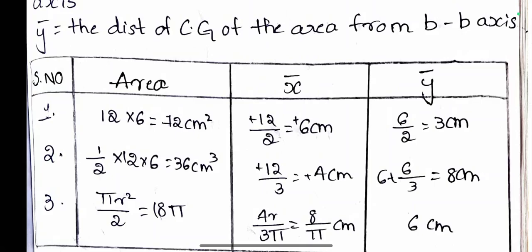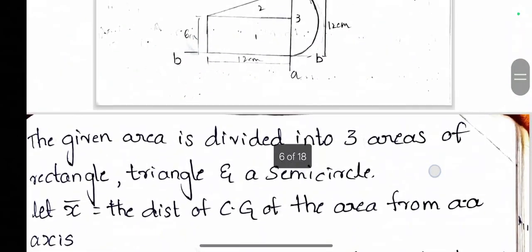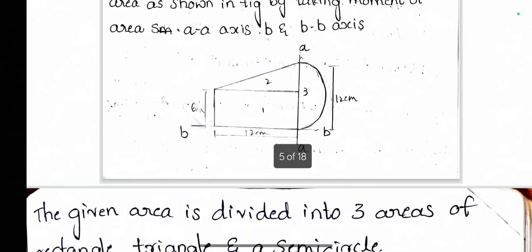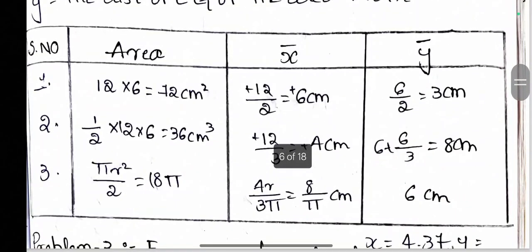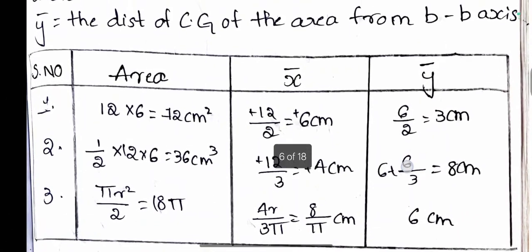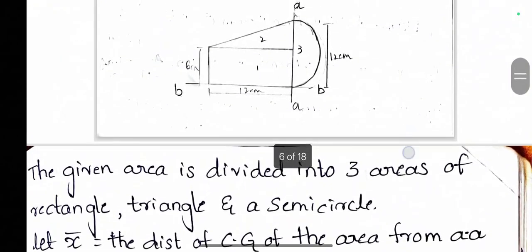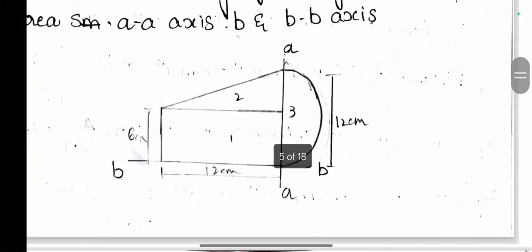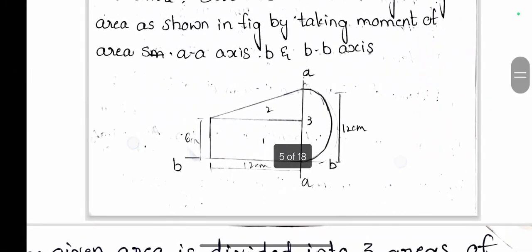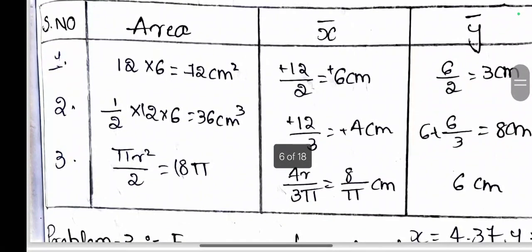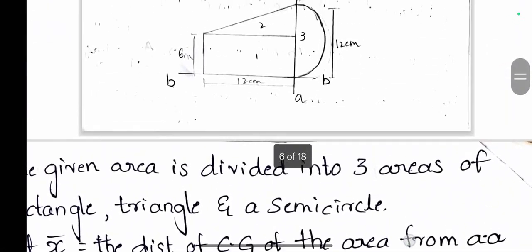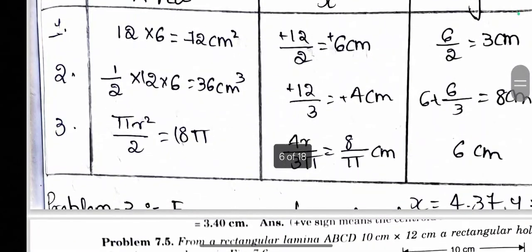Area of rectangle is B into D, which is 12 into 6, which is 72 centimeter square. Next, the triangle, which is half BH, half into 12 into height 6, which is 36 centimeter square. Next, the semicircular area, pi r square divided by 2, which comes to 18 pi.